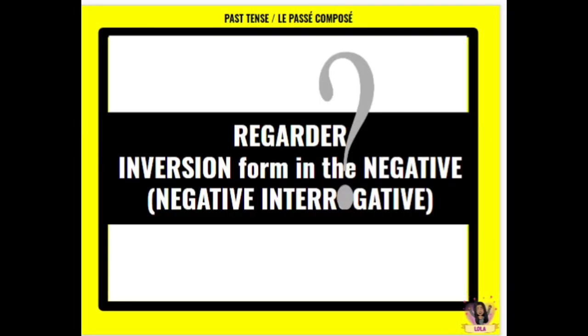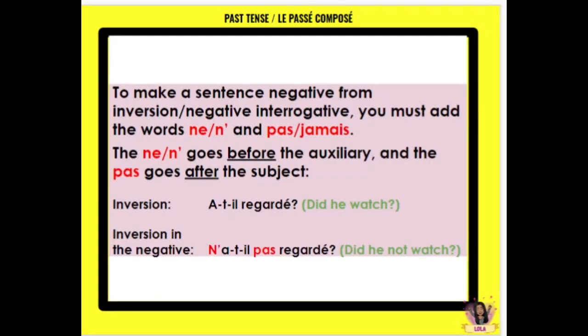Now we're going to take a look at regarder in the inversion form in the negative or negative interrogative. So to make a sentence negative from inversion or the negative interrogative that we just looked at, you must add the words ne or n apostrophe and pas or jamais. Remember, the ne or n apostrophe goes before the auxiliary and the pas goes after the subject.